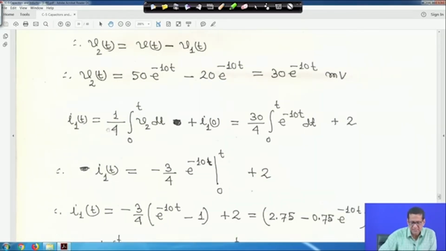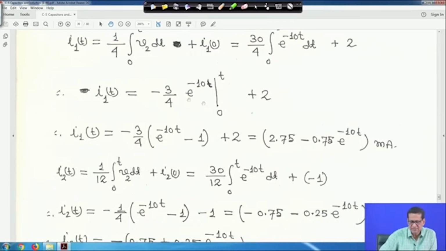And I1(t) will be 1 upon 4 integral 0 to t of v2 dt plus I1(0). So 30 by 4 integral 0 to t of e to the power minus 10t dt, and I1(0) is equal to 2. If you integrate and simplify, you will get I1(t) is equal to 2.75 minus 0.75 e to the power minus 10t milliampere.